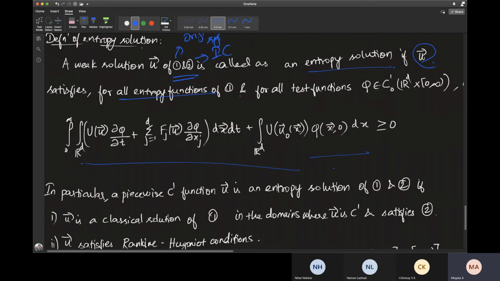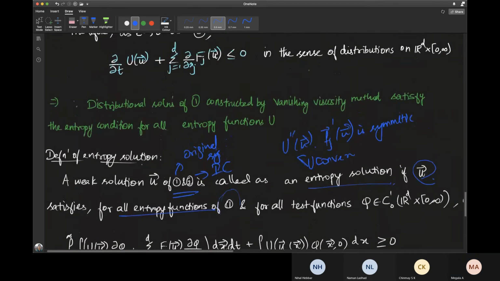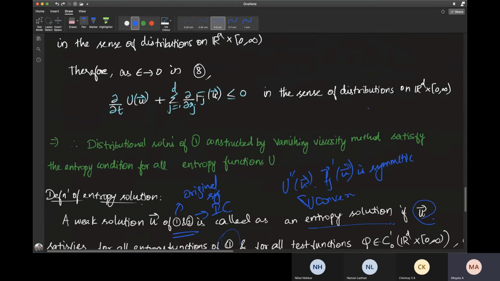all possible entropy functions of this. We talked about what an entropy function is last time. That is, any function U for which U double prime of U vector dot Fj prime of U vector is symmetric, provided U is convex. Okay, U must be convex. We saw the significance of having U convex, right?